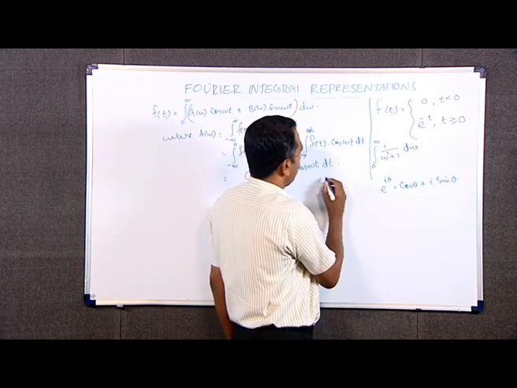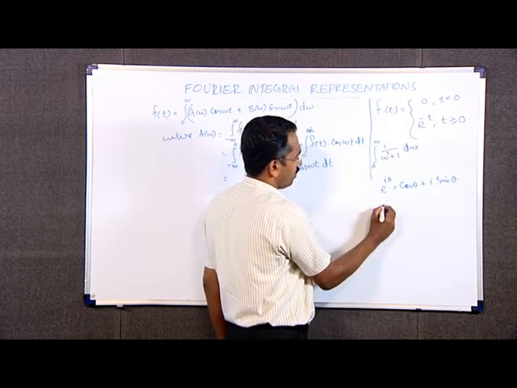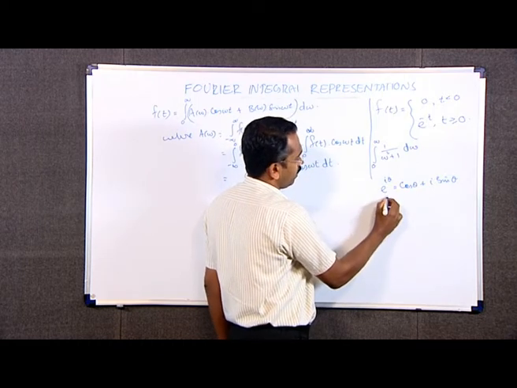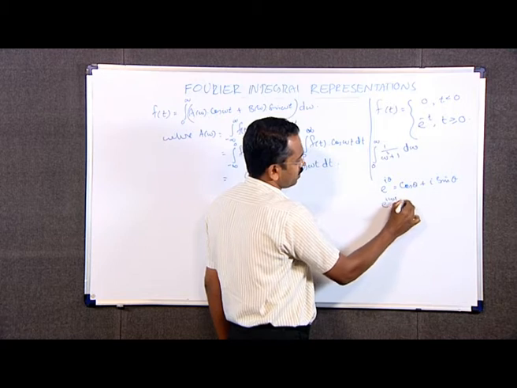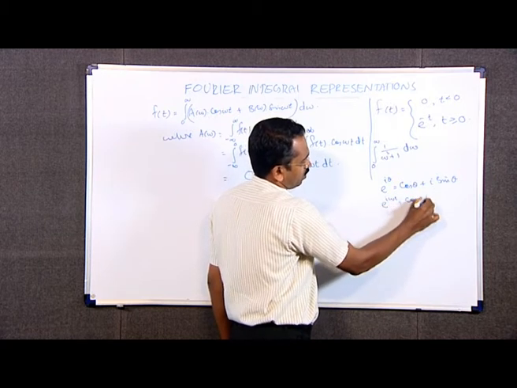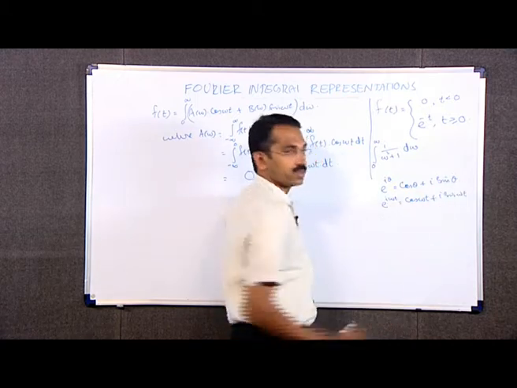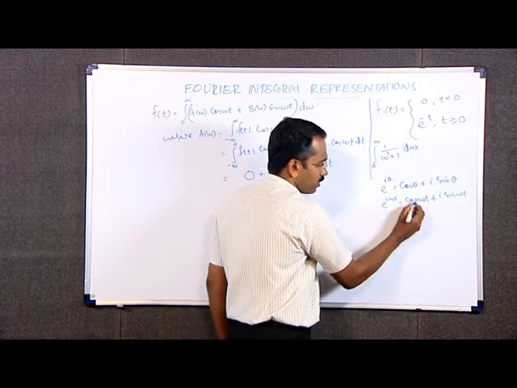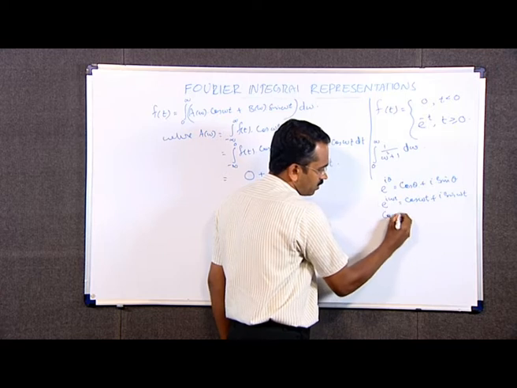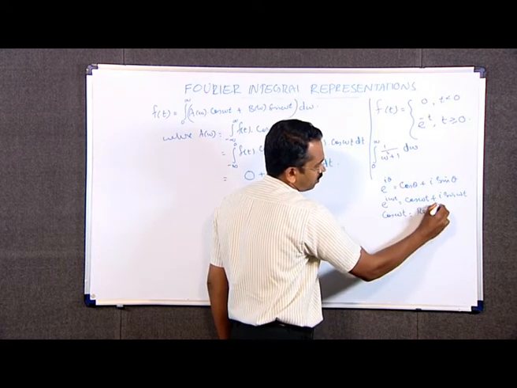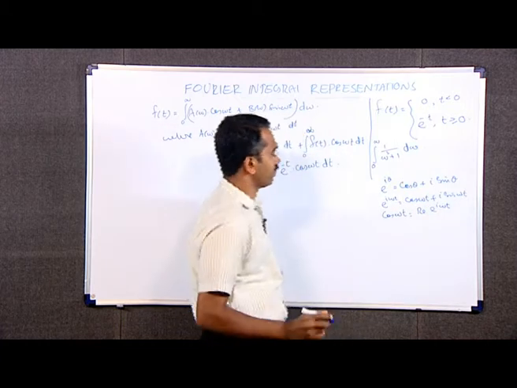Therefore, we can write e raised to I omega t as cos omega t plus I into sin omega t.